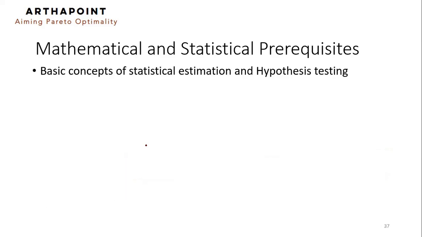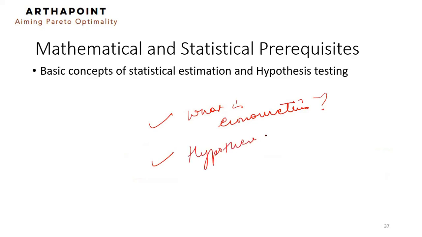Okay, so this is all about the first basics of econometrics, where I wanted to explain to you, one, what is econometrics? Two, how do you write hypothesis statements? Three, how do you go through the 8 steps of econometrics?